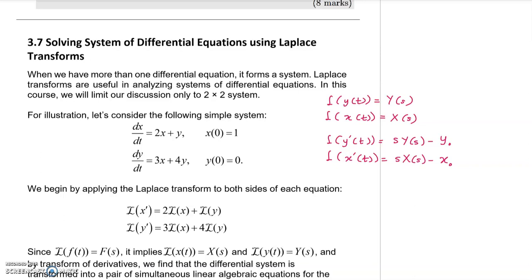Now for discussion, let us consider the following simple system. You have two equations here. The first one is dx/dt equals x plus y, or basically x prime equals x plus y, given the condition x(0) equals 1, and the second equation is y prime equals 3x plus 4y.